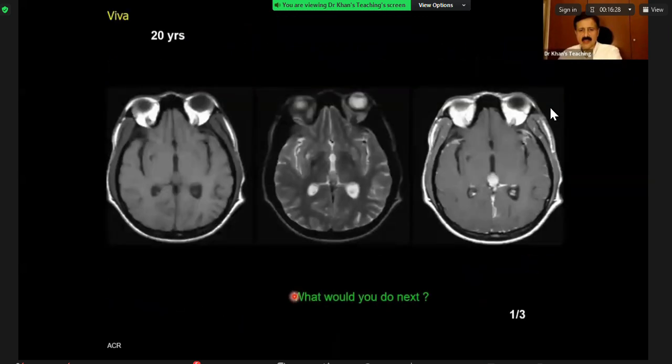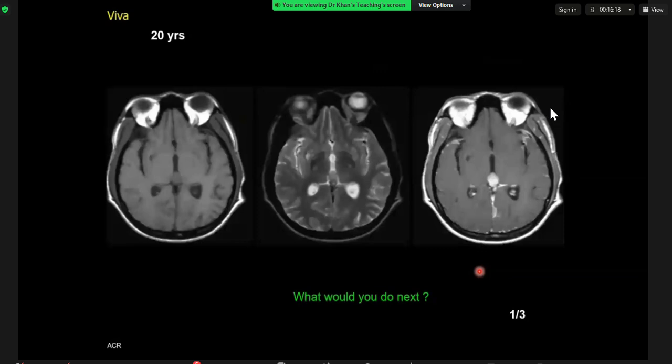And what is happening here? 20-year-old. Just concentrate on this post-contrast. So there's a homogeneously enhancing mass centered on the pineal. On these sequences, I can't see any evidence of hydrocephalus, although I'd need to look more superiorly.